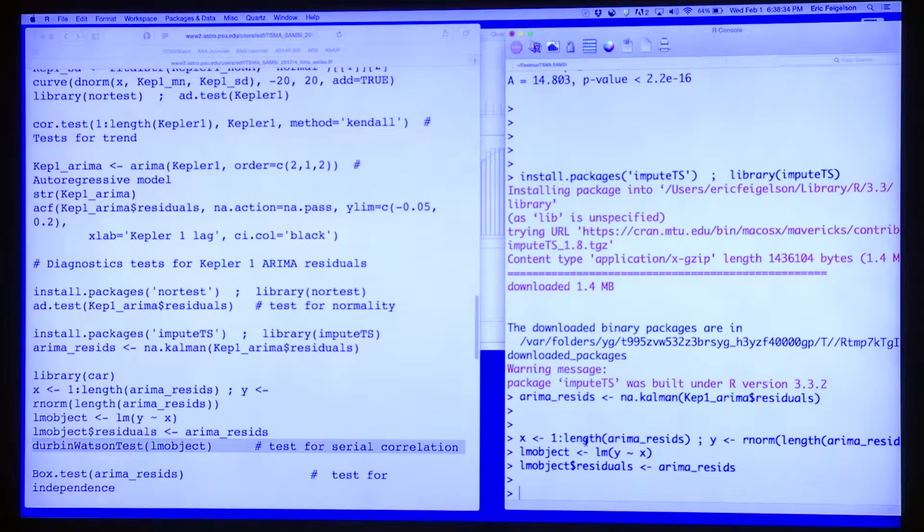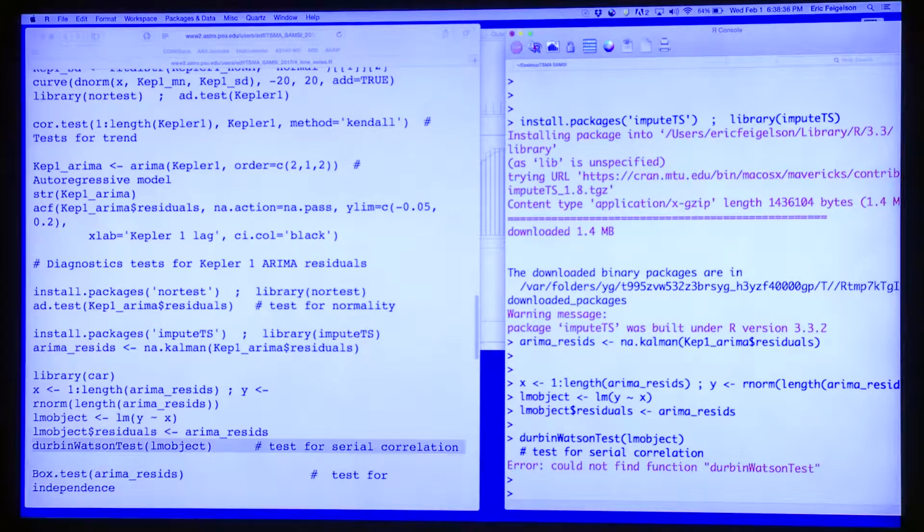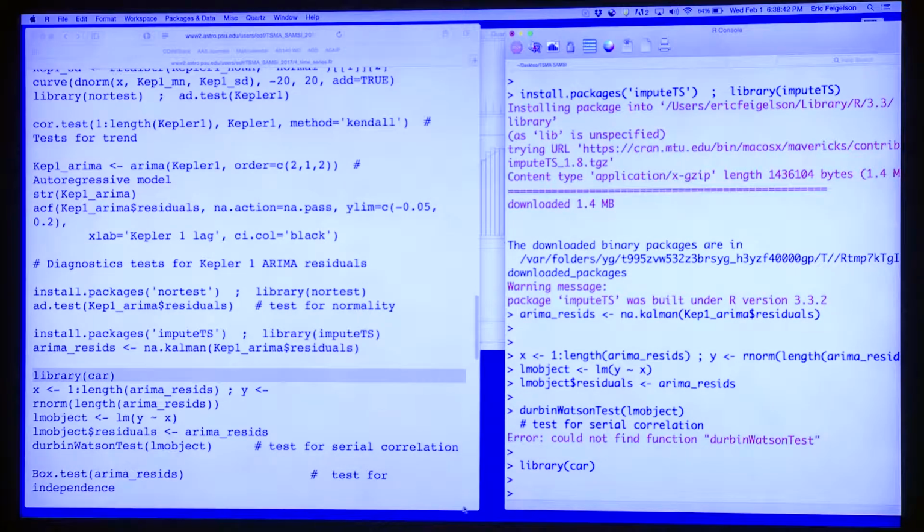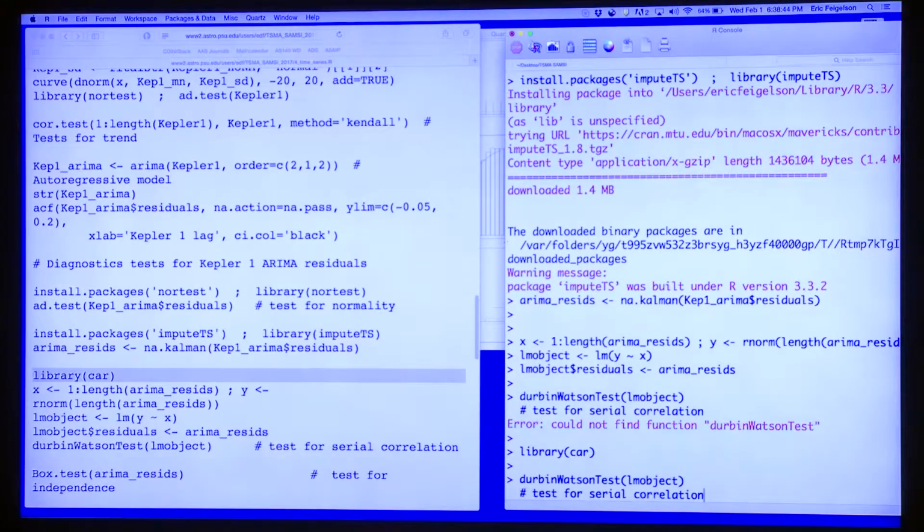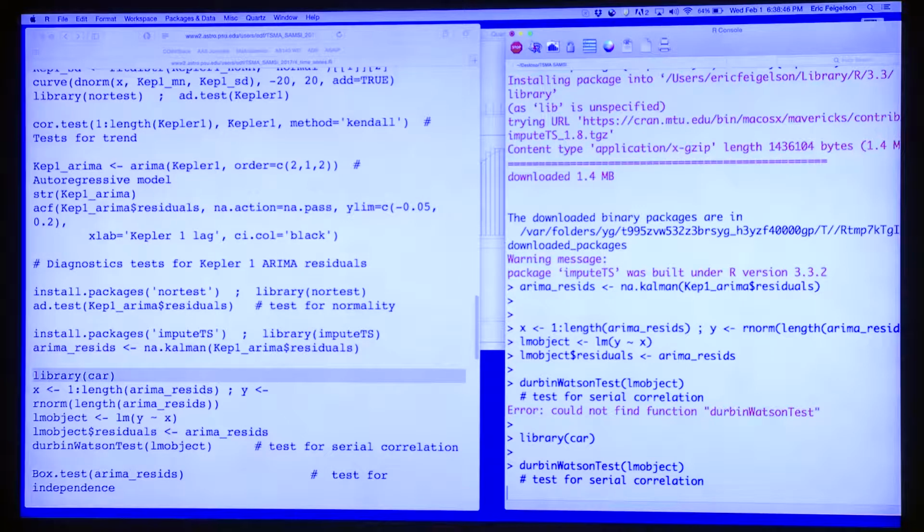This is an example of when you're trying to patch together different things in R and CRAN, sometimes you got to be a little sloppy, and this is definitely sloppy. I didn't code it very elegantly.